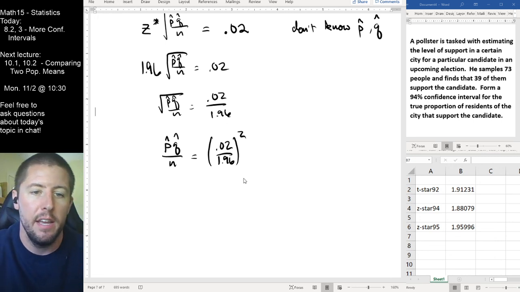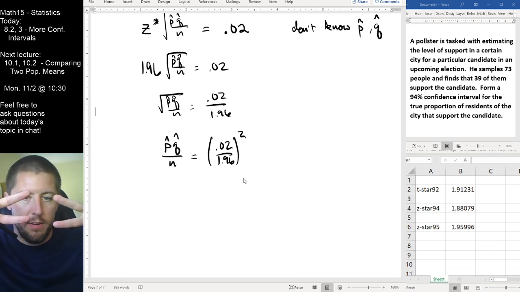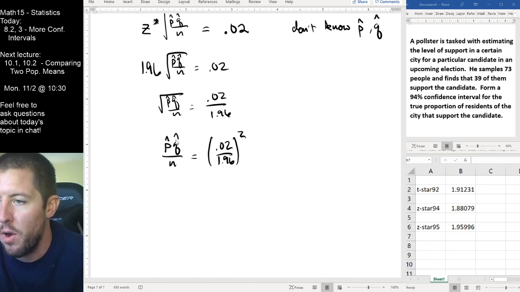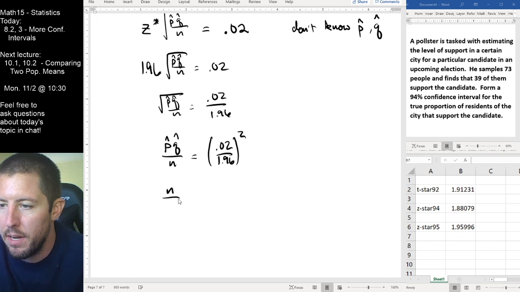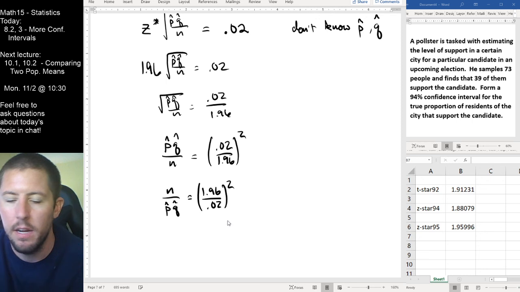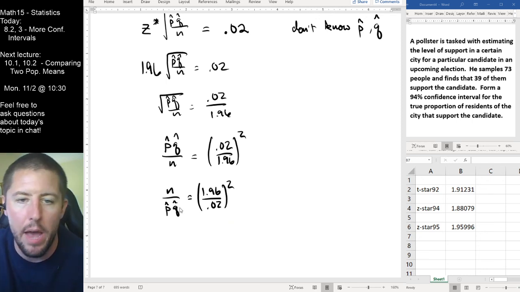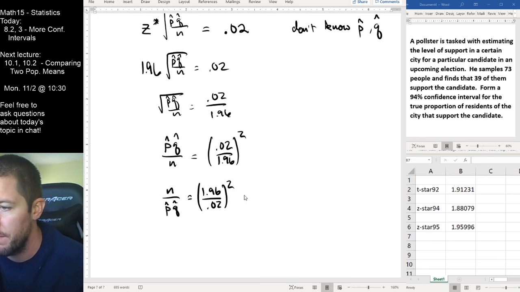Fortunately, if one fraction is equal to another fraction, then the reciprocals of those fractions are also equal. So I can make the flipped statement that n over p hat q hat equals 1.96 over 0.02, squared. I've flipped the fractions on both sides. And now as my final step, I'm going to multiply by p hat q hat on the other side.